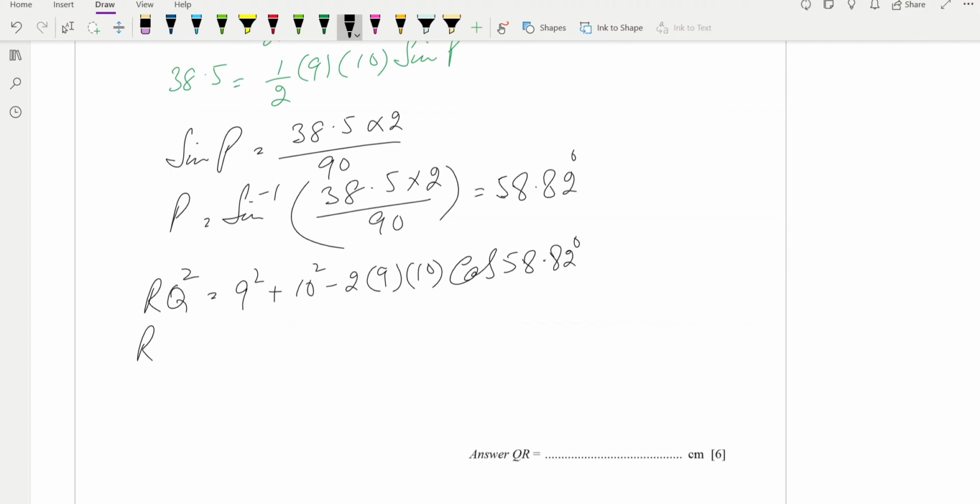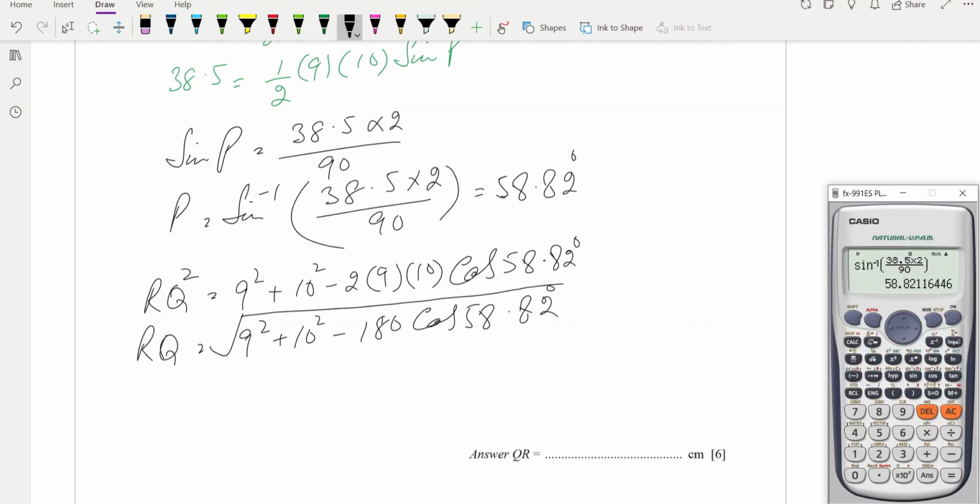And RQ will be equal to 9 square plus 10 square minus 2 into 90 will be 180, so I will write 180 cos of 58.82 degrees, and under root, because we have removed the square.